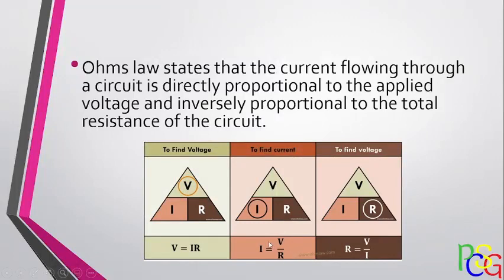If you have I proportional to V, that means I is directly proportional to V. And if you have I proportional to 1 on R, it means I is inversely proportional to R. Now that is important to note, because when you put those two together, we can then write I equals V on R, right? So this here is very important to note: I equals V on R, V equals I times R, and R equals V on I. These three equations are very important to note.